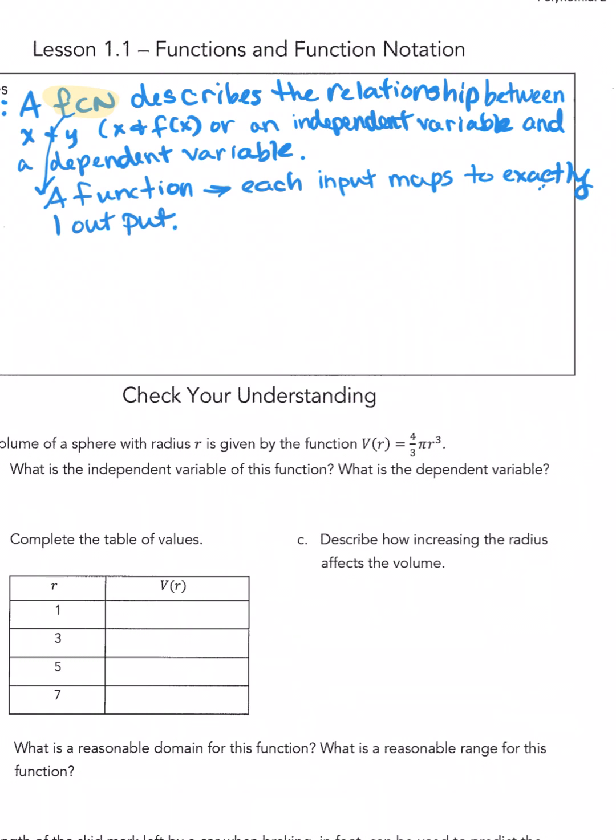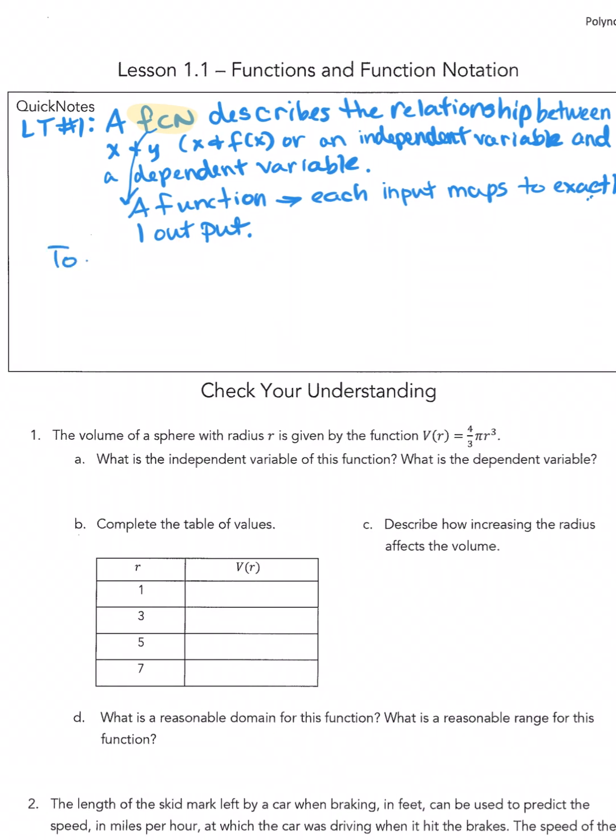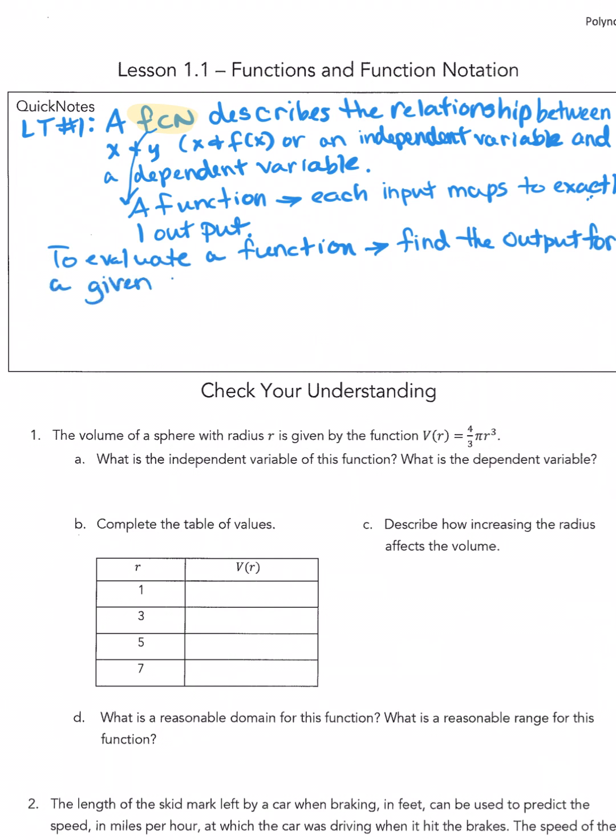Now, how do we evaluate a function? To evaluate a function, what do we do? We're going to find the output for a given input. How do we do that? We did that 3 different ways, guys.